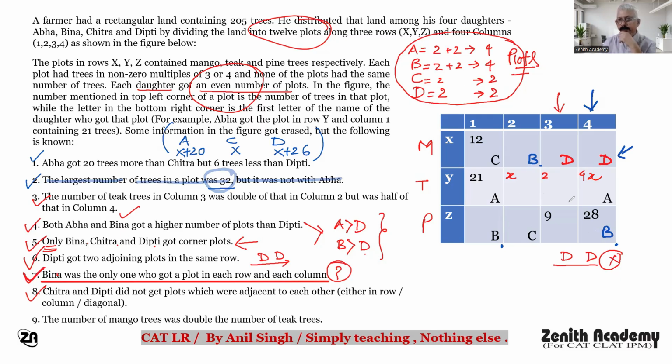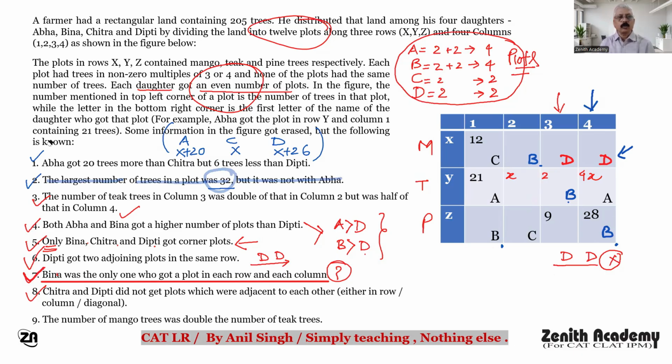These are two possibilities. But if I take B here, then in this column maybe two, but this will go wrong. Column number 3 will have no plot, so obviously this should be here. So now this way we have decided the four plots of Bina, 1, 2, 3, 4, and two plots of Chitra, C, so this and that, and D's two plots.